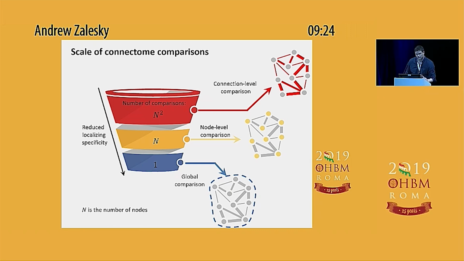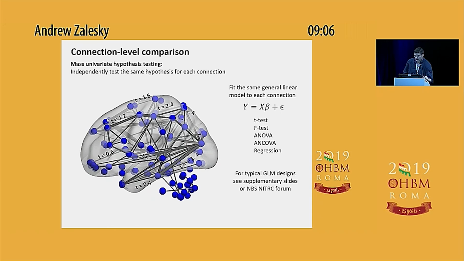So this raises statistical challenges in dealing with this, but it also gives us really good topological specificity in the sense that we can pinpoint an effect to a specific connection in our network. So I'm only going to focus on connection level comparison here.